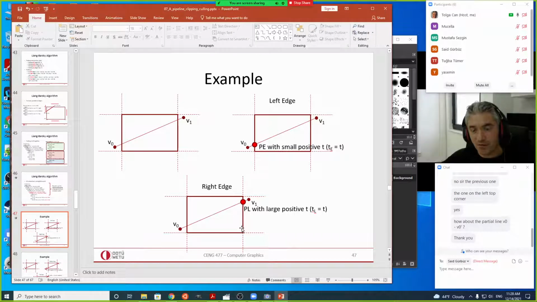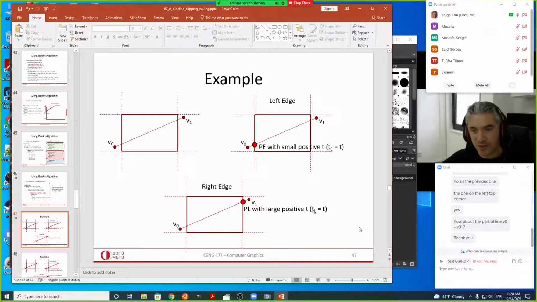Then we come to the right edge. The right edge is potentially leaving, therefore we update the TL here. TL is updated at this point, and it becomes this line.